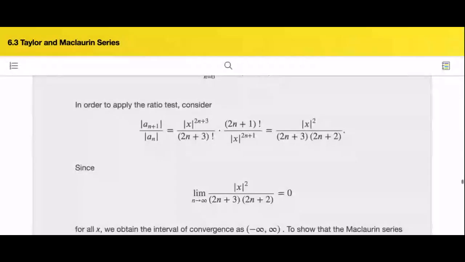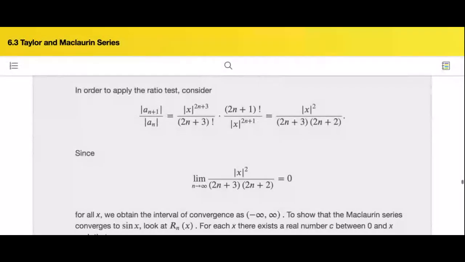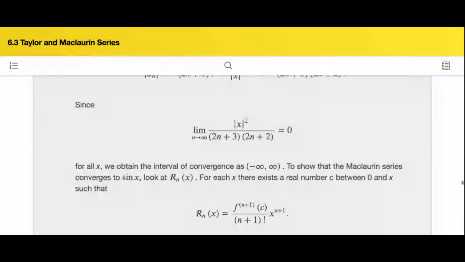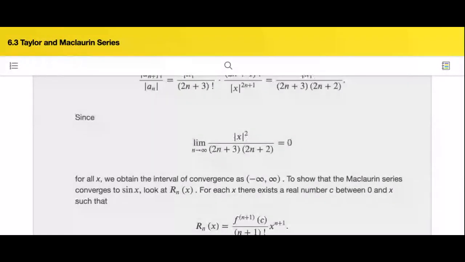All right, remember the ratio test says that if the limit is less than 1, the series converges. The limit equals 0 for all x, and this is just x; we don't have x minus something or x plus something. So when the limit equals 0, the interval of convergence is all real numbers, because it doesn't matter what the x value is.